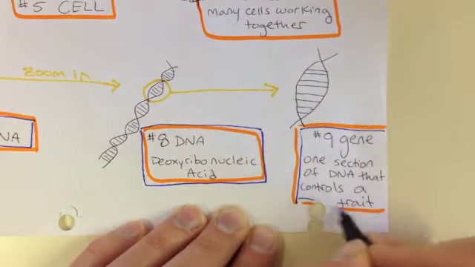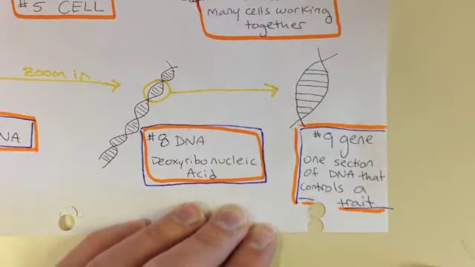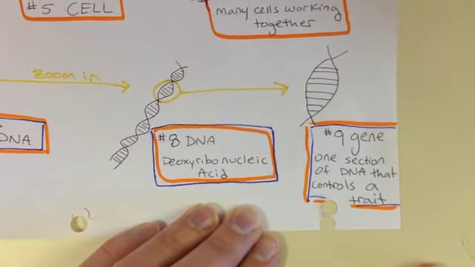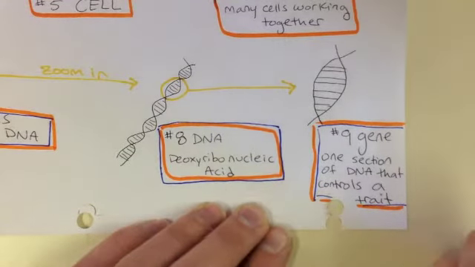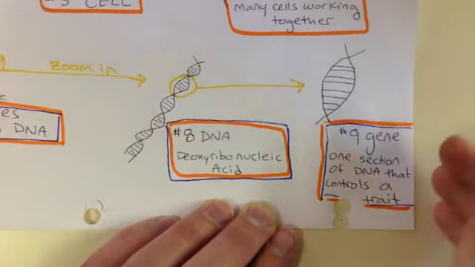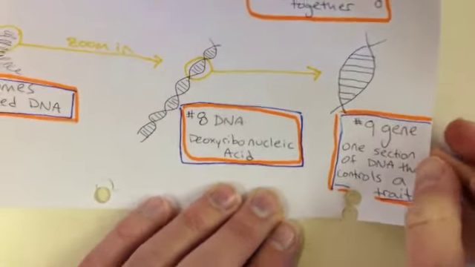So I'm doing my two colors for that one. And guess what? We can go even deeper. One last step just for today. We'll go even farther into genes and DNA later, but for today we're going to go one more step.